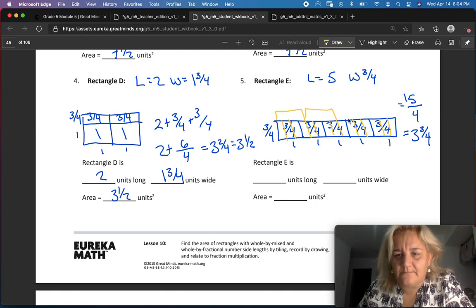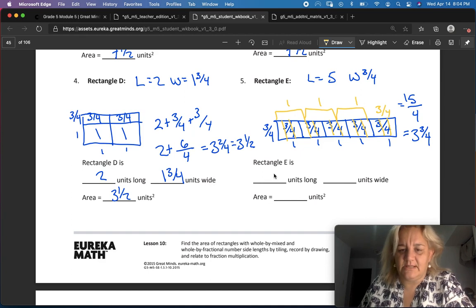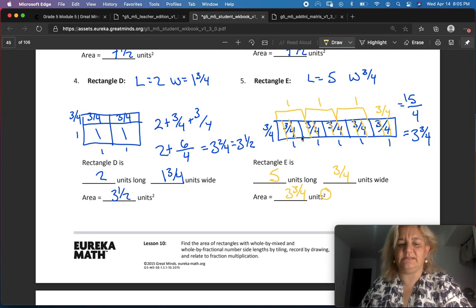Here is a whole. Here, wait a minute, 1, 2, 3, 4. Here's a whole. And what I'm left with is 3/4. Okay, 1, 1, 1, and 3/4. So that's 3 3/4. So units long is 5, units wide is 3/4, and my area then is 3 3/4 units squared. Don't forget the units squared.